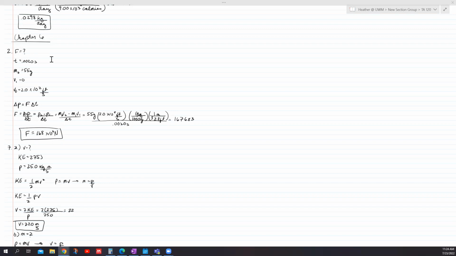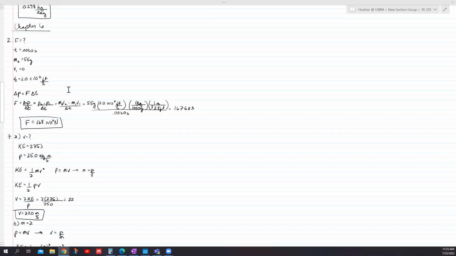All right. So we're looking for force. We know delta t is 0.0020 seconds. We know the mass is 55 grams. We know initial velocity is 0. We know final velocity is 2 times 10 to the 2. Looking at impulse, we know that the change in momentum equals force times delta t. We're solving for force, so force equals delta p over delta t.